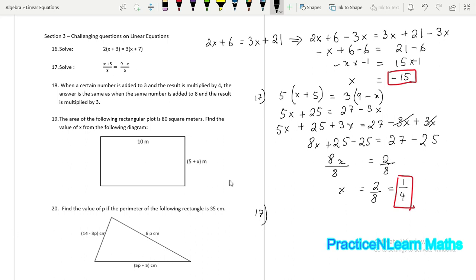Let the number be n. Then we can write 4 times (n plus 3) is equal to 3 times (n plus 8). Now you need to solve it like the previous problems.